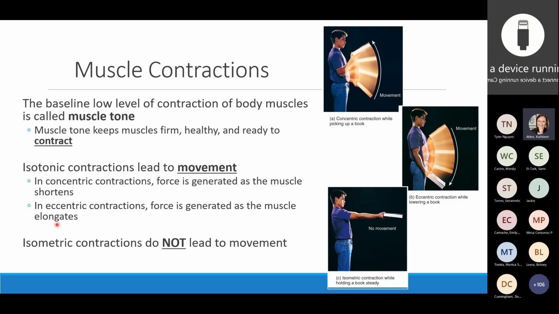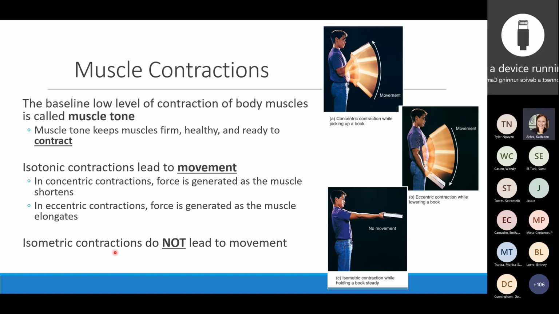But sometimes when you do a muscle contraction, we don't actually move at all. So this is what we call an isometric contraction. The example we see here, holding a textbook out in front of you, or every gym teacher's favorite punishment when you have to do a wall sit. A wall sit is an isometric contraction.